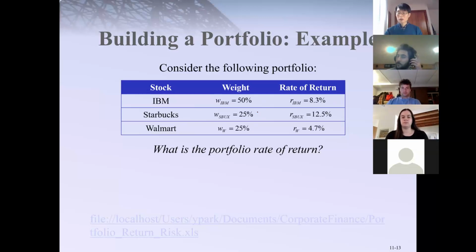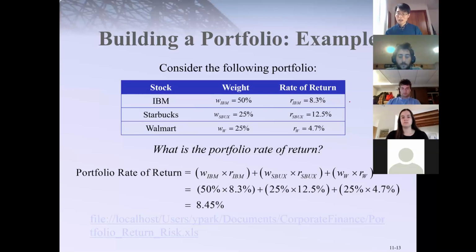So you put half of your money in IBM, 1/4 of your money in Starbucks, the other 1/4 in Walmart. The rate of return of each asset is 8.3%, 12.5%, 4.7%, right? Then what is the rate of return? The rate of return is just a weighted average, right? It's 0.5 times 8.3 plus 0.25 times 12.5 plus 0.25 times 4.7. So it's 8.45%, right?